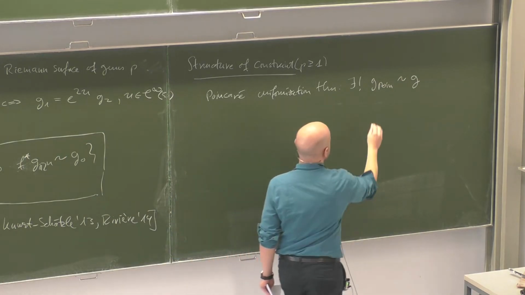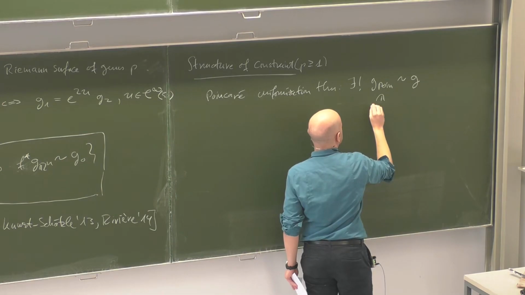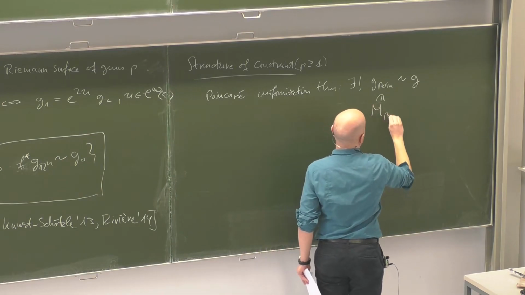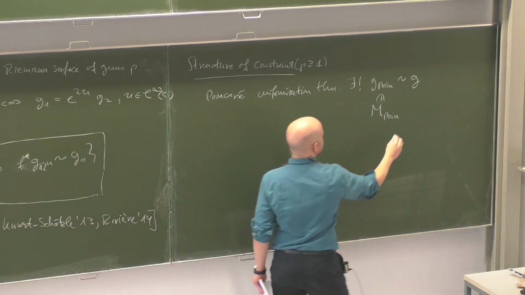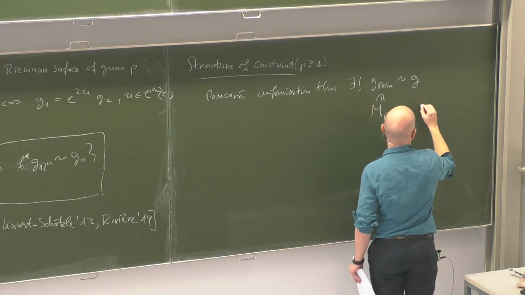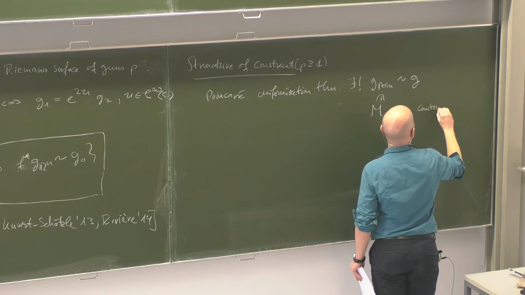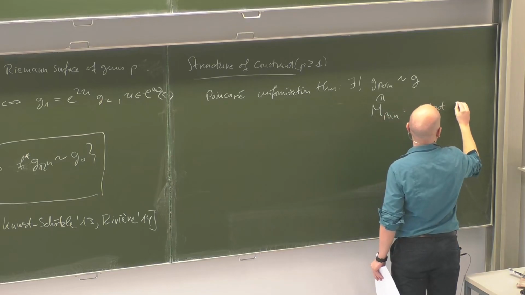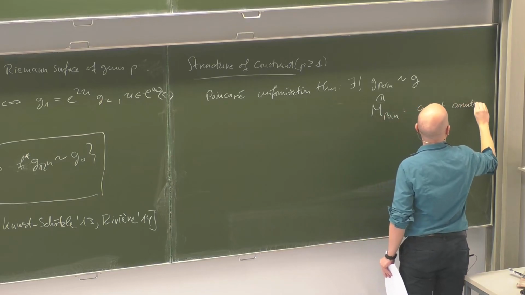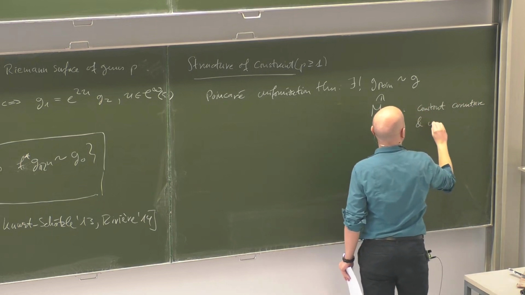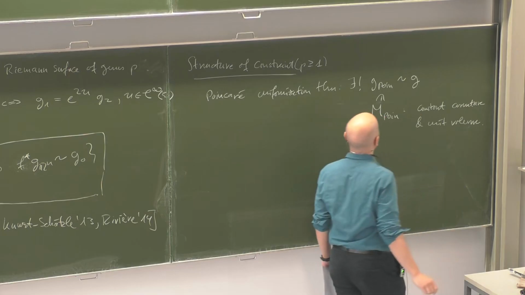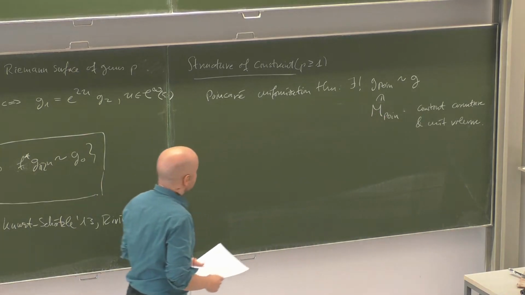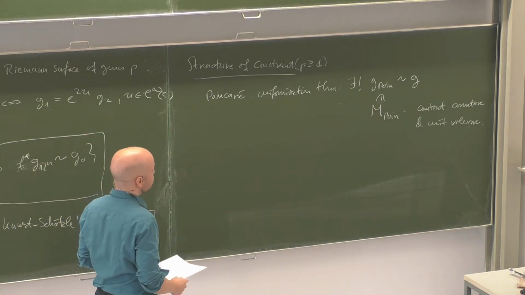So this is the set M of Poincaré metrics. These are metrics of constant curvature and unit volume.